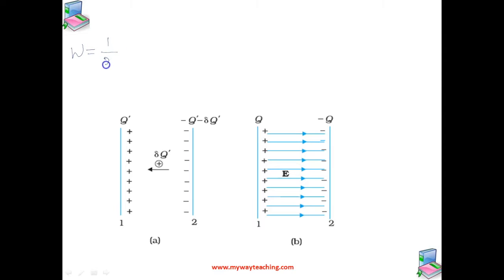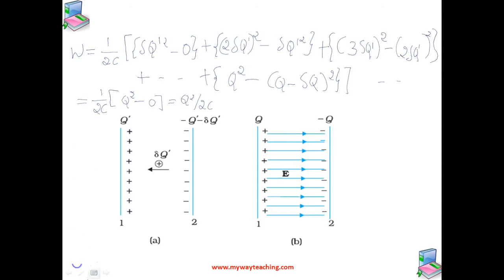W = 1/2C times the sum of the expanded terms, and then it will be simplified as Q²/2C.